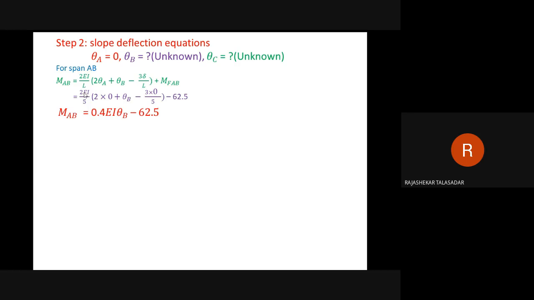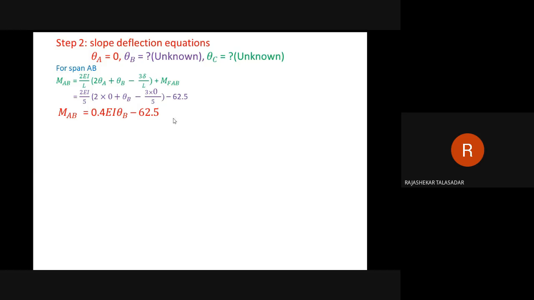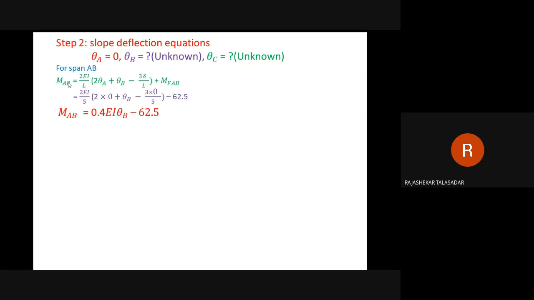This is 0, theta B, then this is 0, so we get here minus 62.5. Is it clear how to write this first equation? MAB is 2 EI by L, 2 times the rotation at the left end, plus 1 time the rotation at the right end, minus 3 delta by L, plus or minus the fixed end moment. Whatever fixed end moment sign you have got, you put there.